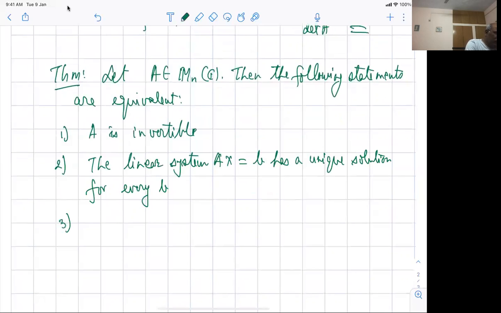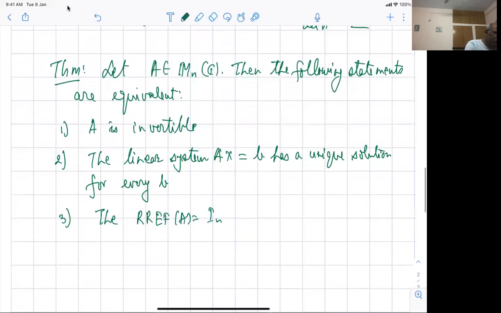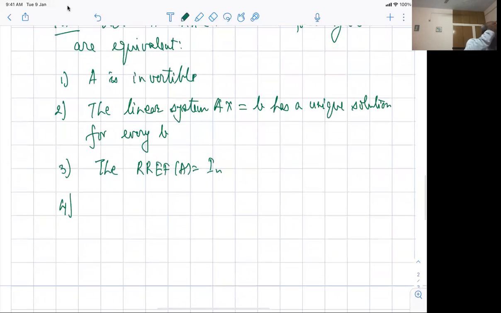So 3. The sequence is slightly wrong, I think. The RREF of A is identity. And 4, determinant of A is non-zero.